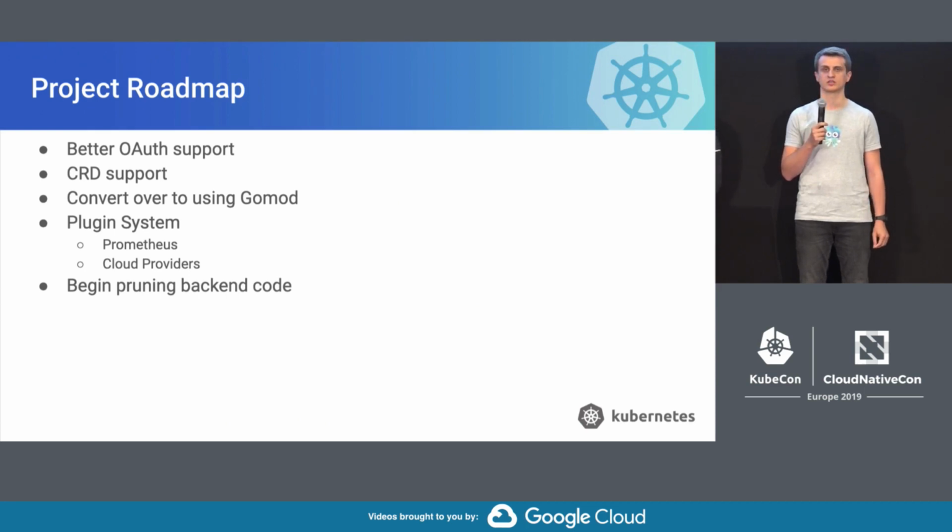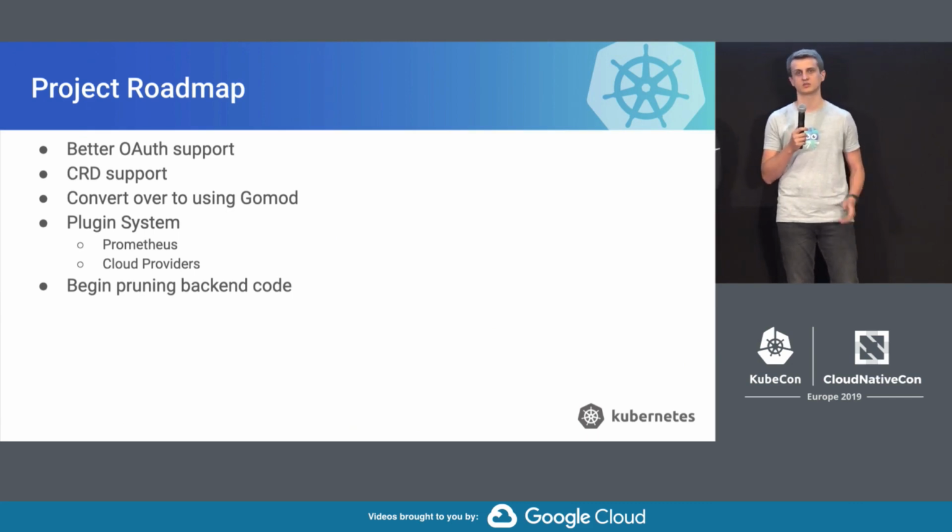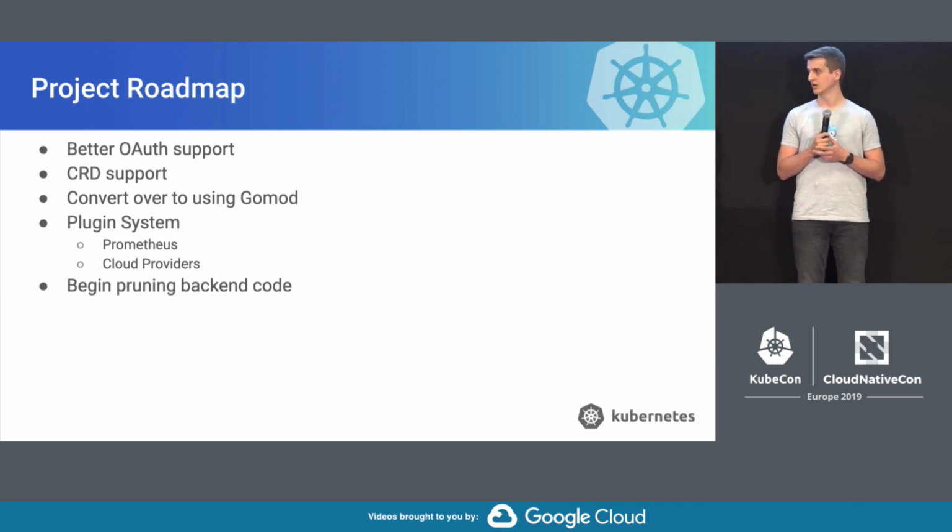We'll also be converting the current system of dependencies for the backend from dep to Go modules. So we want to follow the Kubernetes core team here, and we'll be introducing a plugin system.